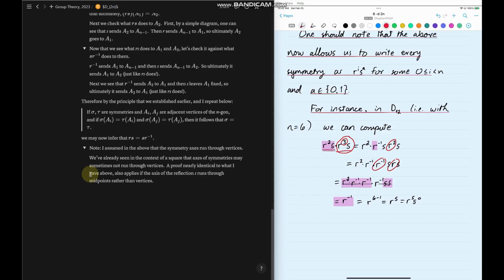Well, now it would be nice if I use this principle that R inverse is R to the n minus 1. Here n is equal to 6. So we get R to the 5. Just for the sake of expressing this exactly as I've written it earlier, I reintroduce the S, but we would call it S to the 0, which we essentially just take to mean the identity.